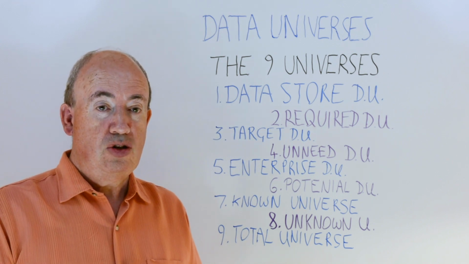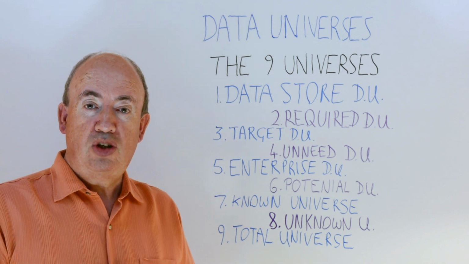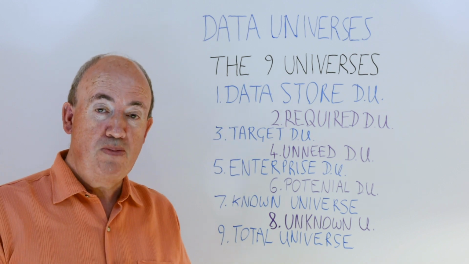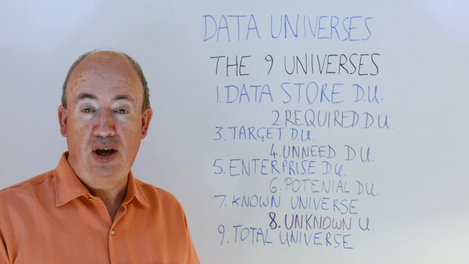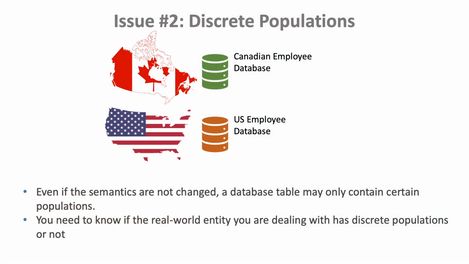Another is that there's no semantic issue, but different databases can address discrete populations of the same things. So we might have a database of Canadian employees, all true employees, and a separate database of US employees.